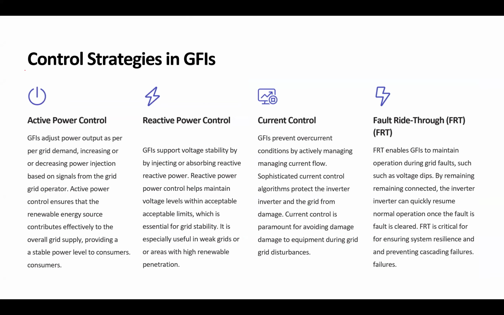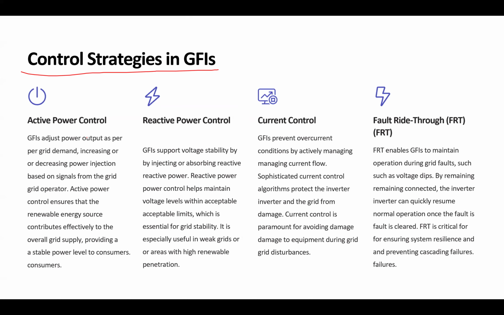Now, let's delve into the control parts. When we talk about the control strategy, the one that includes current, voltage, and power, what we want is basically four aspects.